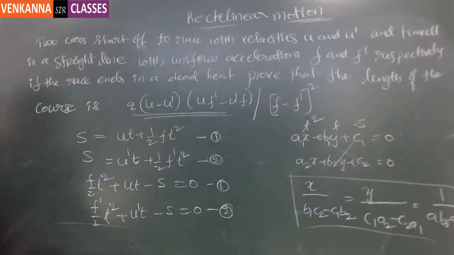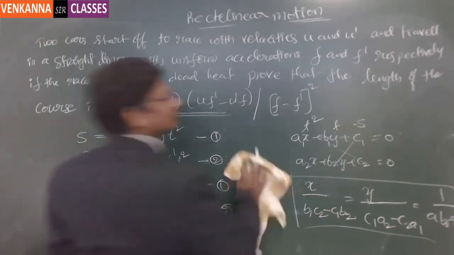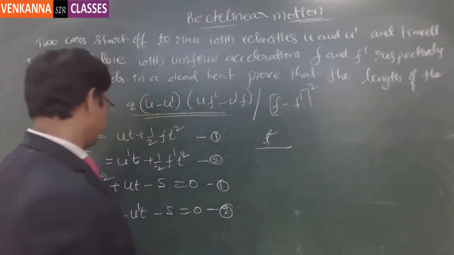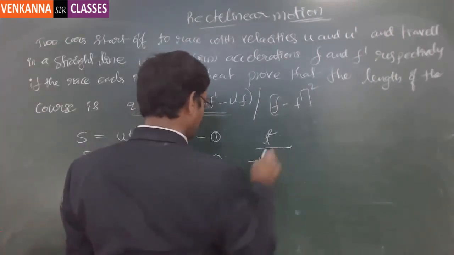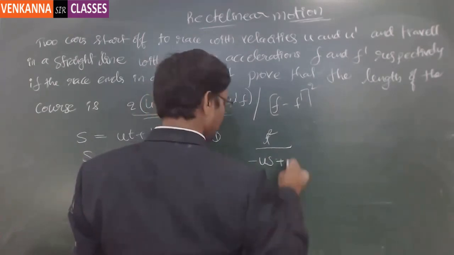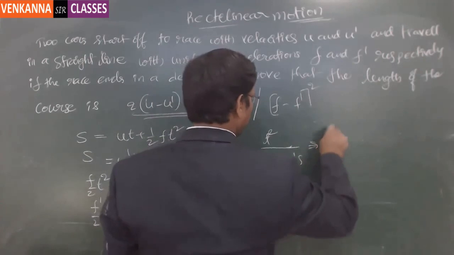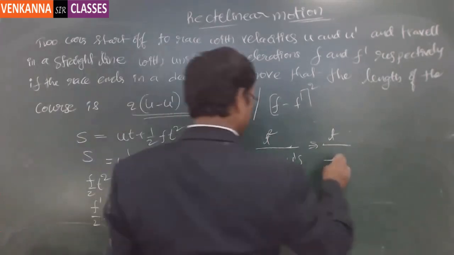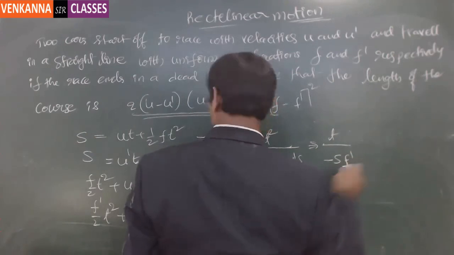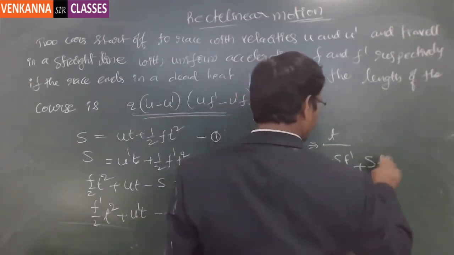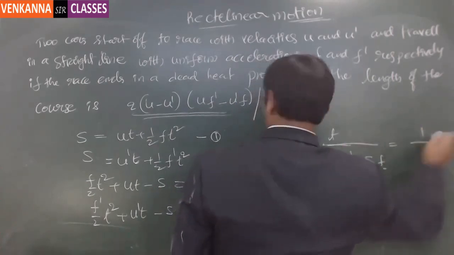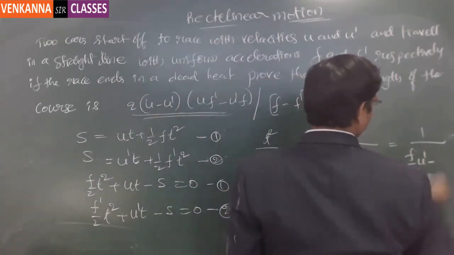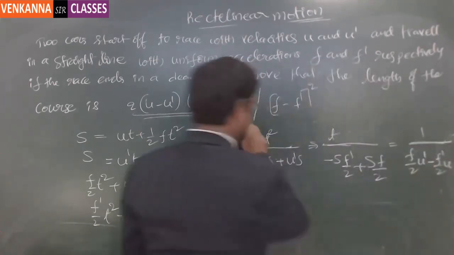So t square by minus us plus u dash s is equal to t by minus s into f dash by 2 plus s into f by 2 is equal to 1 by f by 2 times u dash minus f dash by 2 times u. So this is the relation.